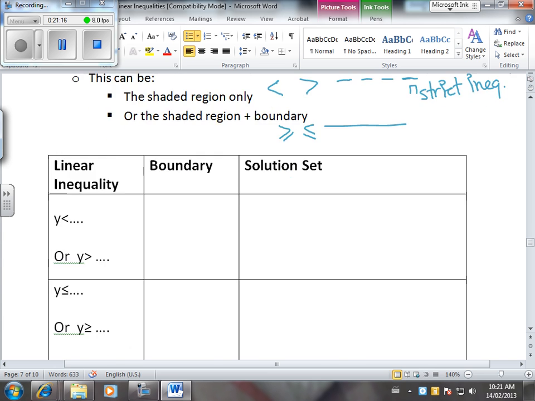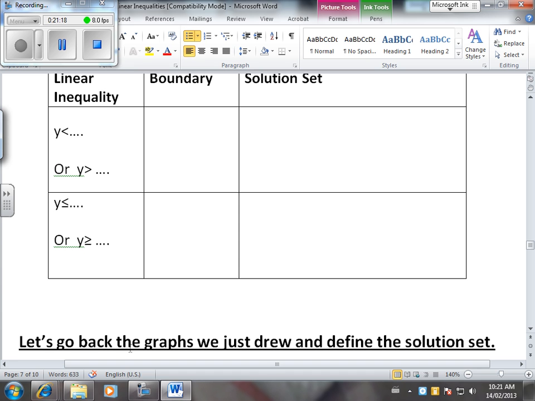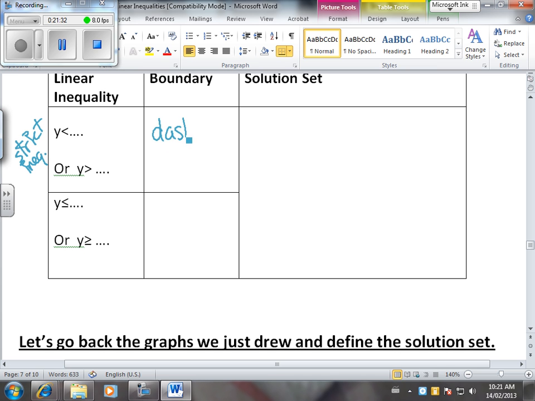Okay, so if you have y is less than or y is greater than, again, these are our strict inequalities, then we use a dashed line for the boundary. And the solution set is the shaded region only.